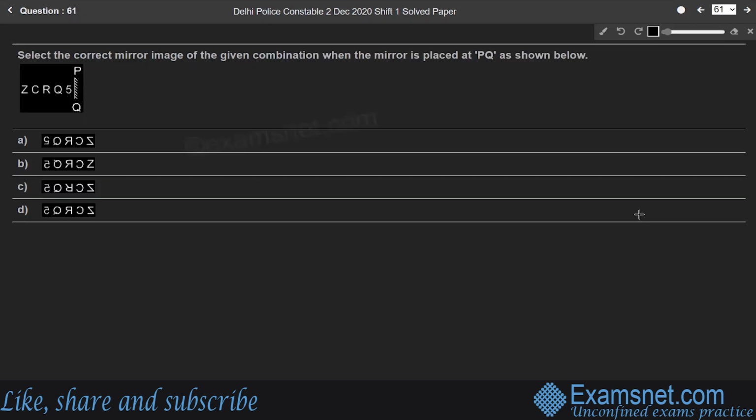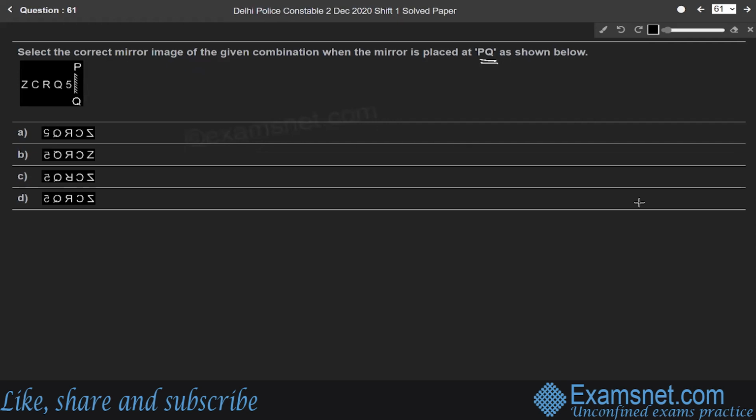Question 61. Select the correct mirror image of the given combination when the mirror is placed at PQ as shown below. So the mirror is placed at PQ in front of ZCRQ5. So the mirror image will be, 5 will appear first like this.